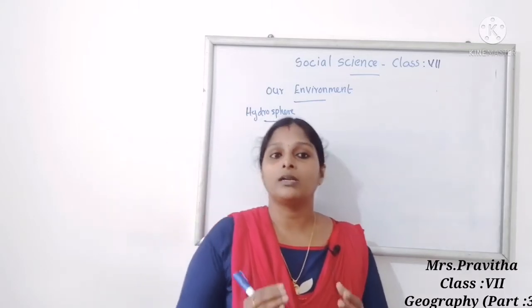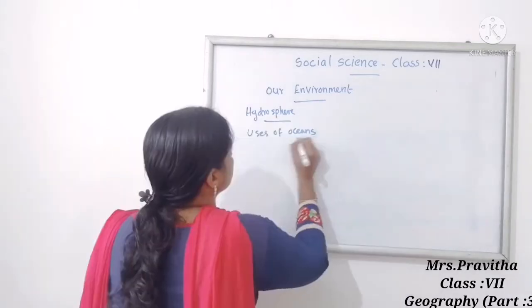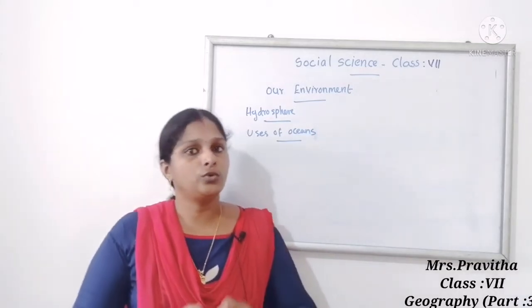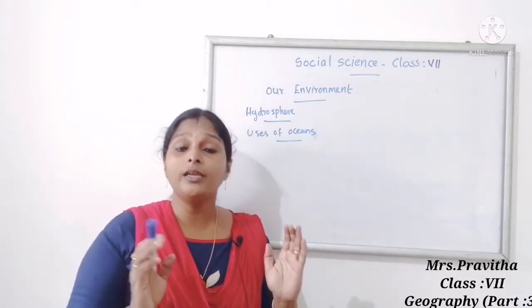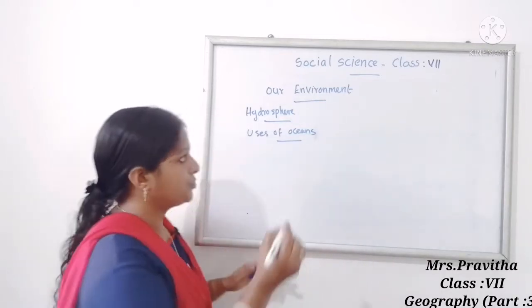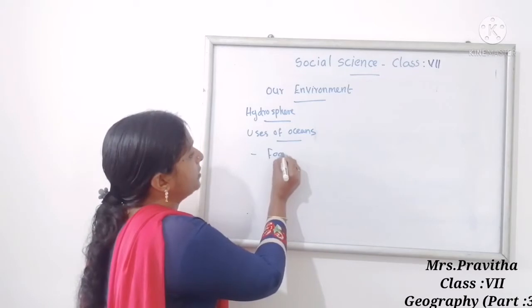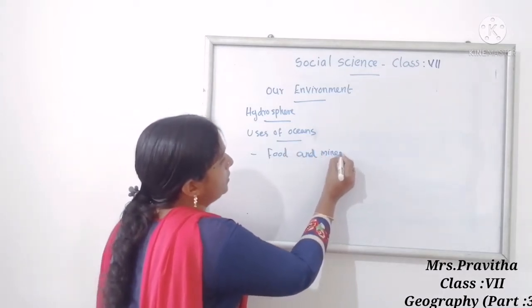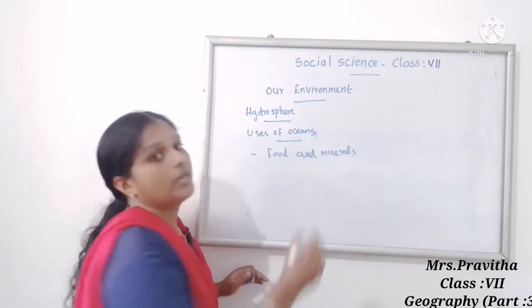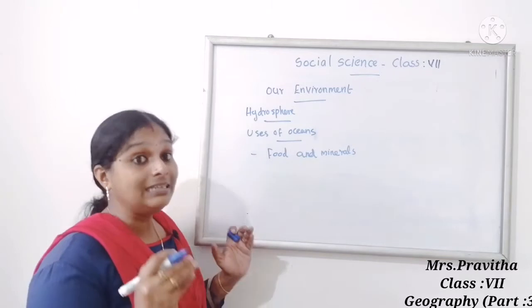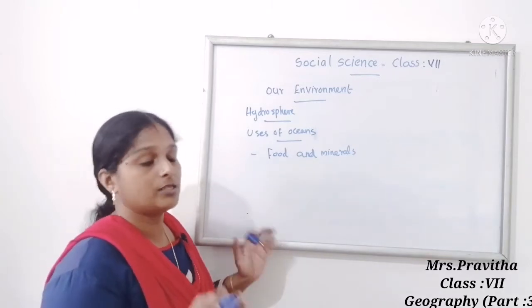Now we will look at what the uses of ocean are. So you know children, oceans are a great source of food and minerals. Then through the ocean many important trading activities take place.